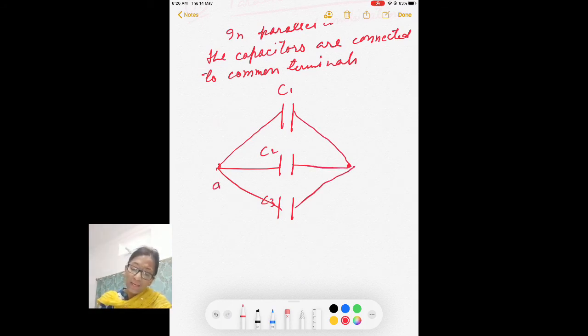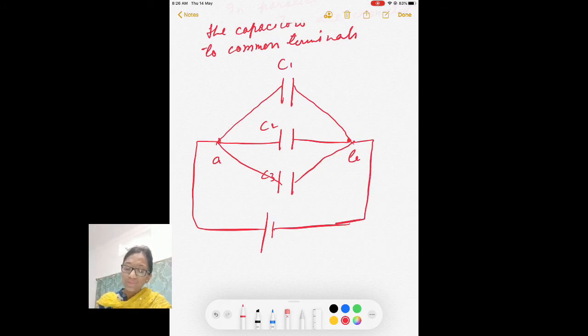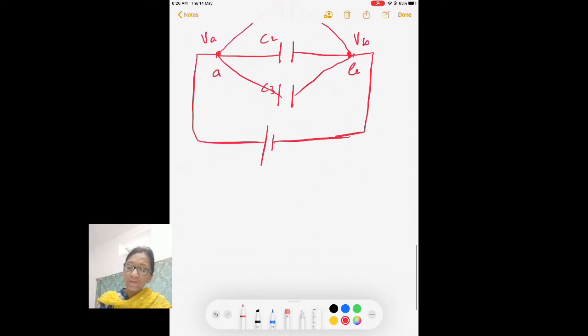Let this point be A and this point be B. If you connect these points to a battery, you will have potential of point A as VA and potential of point B as VB, and the potential difference of the battery is V.